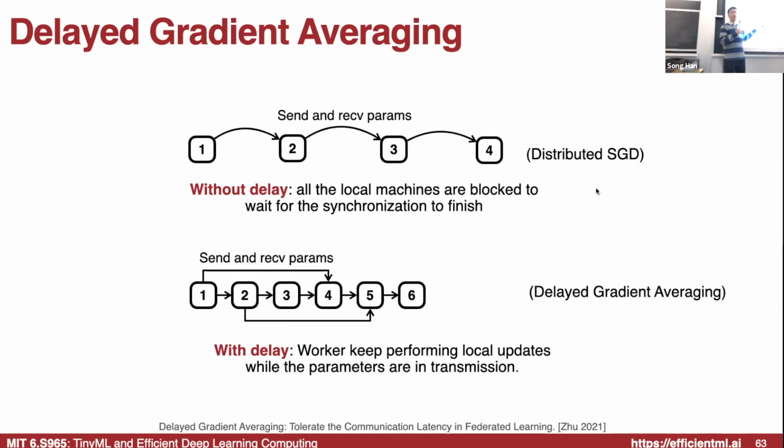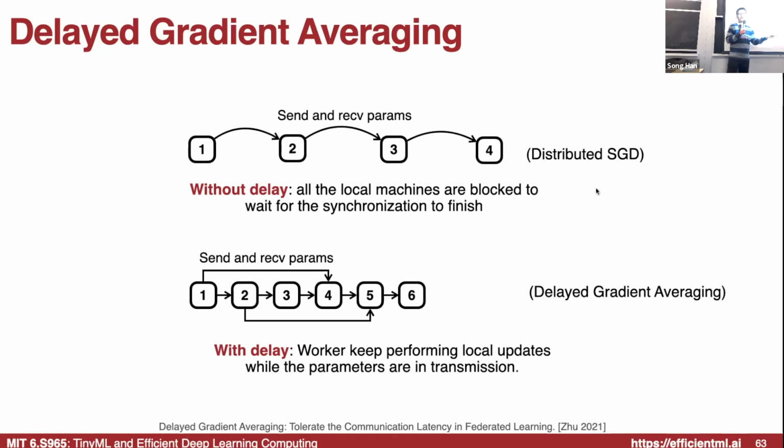Similarly, the gradient that was generated in iteration 2 should have been applied in iteration 3 if the communication is fast enough. However, there's long latency. Communication is slow. The communication didn't finish in step 3, but actually finished in step 5.